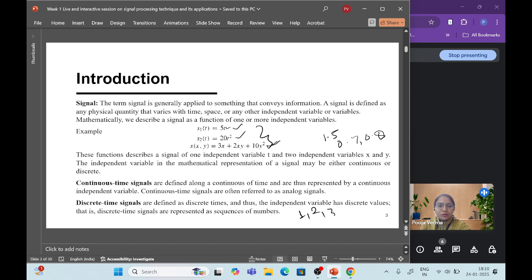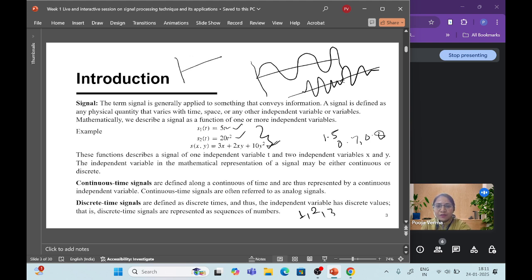So for example, this is a continuous time signal. It can be any signal like this. This is an example of a continuous time signal. And another one is a discrete time signal.